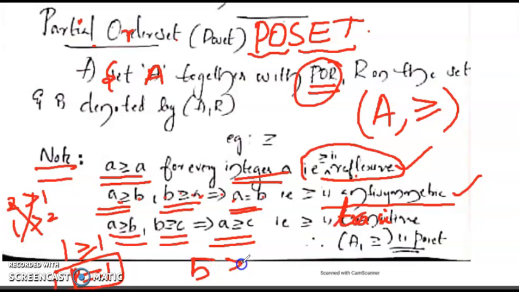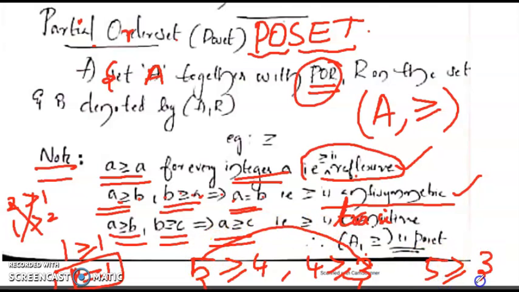For example, 5 is greater than or equal to 4, 4 is greater than or equal to 3, then 5 is greater than 3, right?